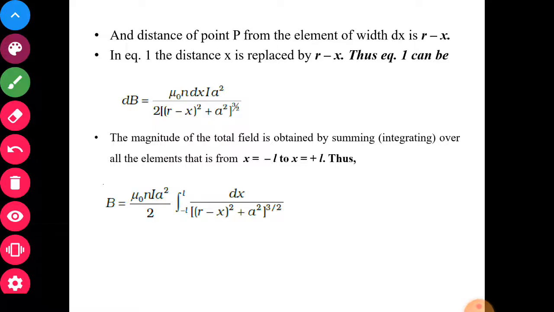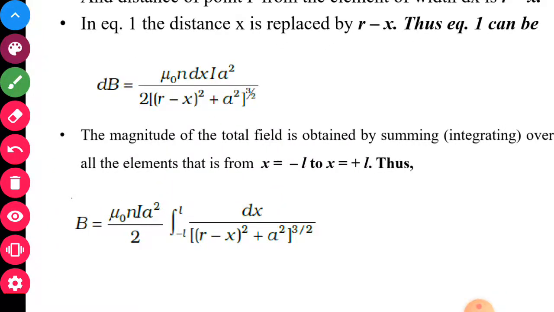What are the constant quantities first of all in the above equation? Just find it out. See, mu 0 and I and a square are constants, so you just take them out. 2 is also constant, you take it out. Now keep other things on the right hand side of the integration.